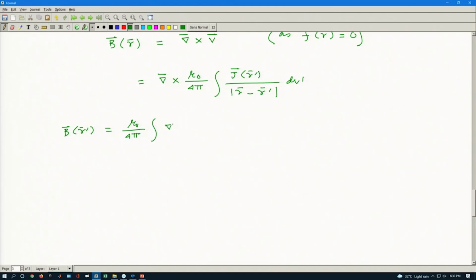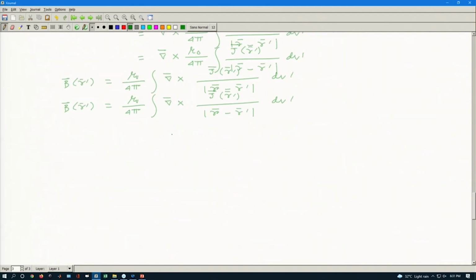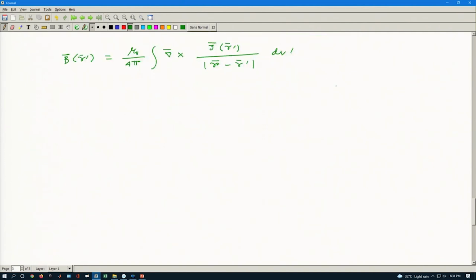So, I should have that this is curl, and that is operating over this vector field j prime, whole divided by mod of r minus r prime, and over the integral dv prime. Note that in the denominator we have the function of r, and in the numerator a function of r prime, but this operator is a function of r only.